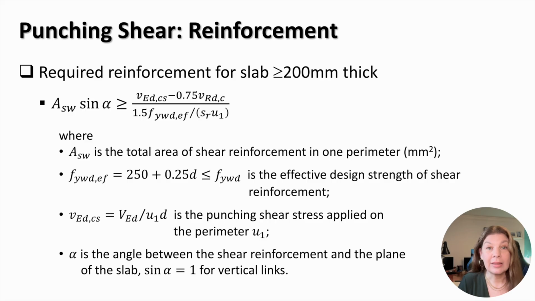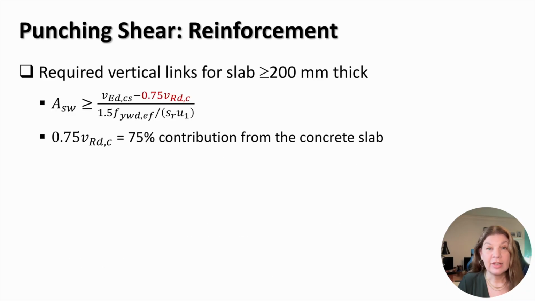This is considered by the angle alpha between the shear reinforcement and the plane of the slab. In the case of vertical links, sine alpha equals 1, and the expression for the area of punching shear reinforcement is simplified. Note that the term 0.75 times VRDC represents the contribution from the concrete slab equal to 75% of the design maximum shear stress of an unreinforced slab.